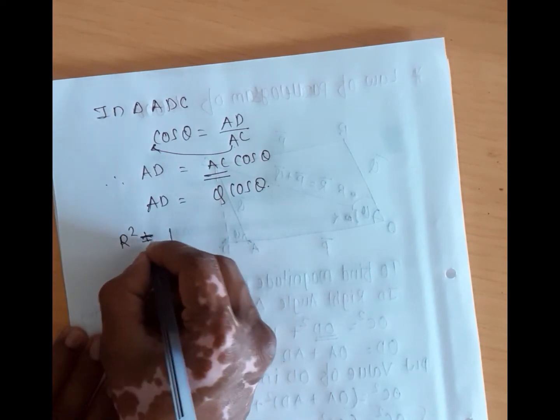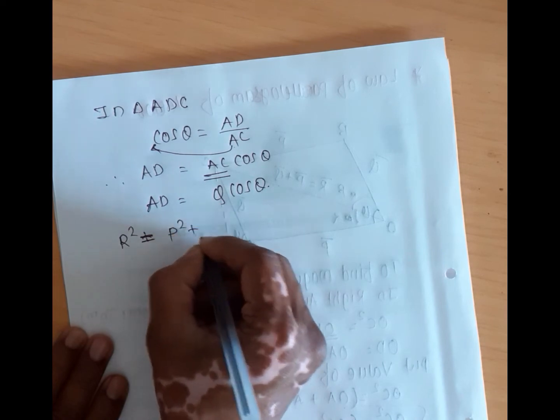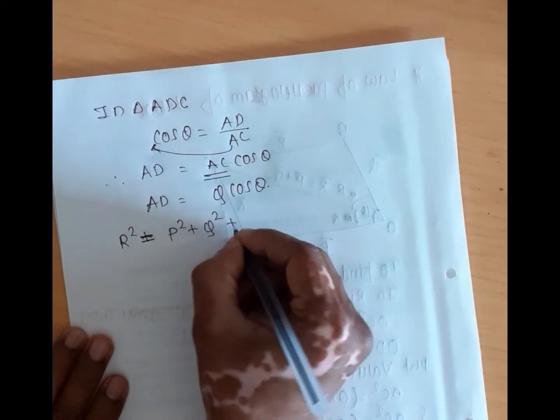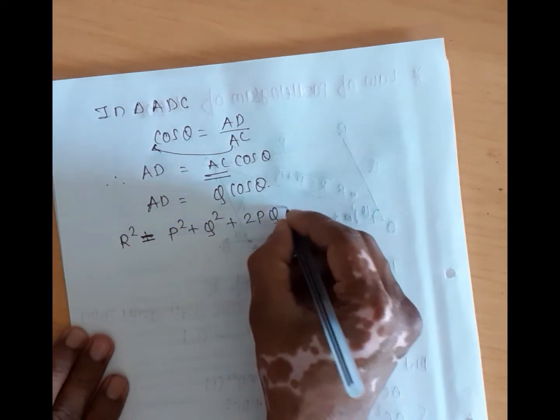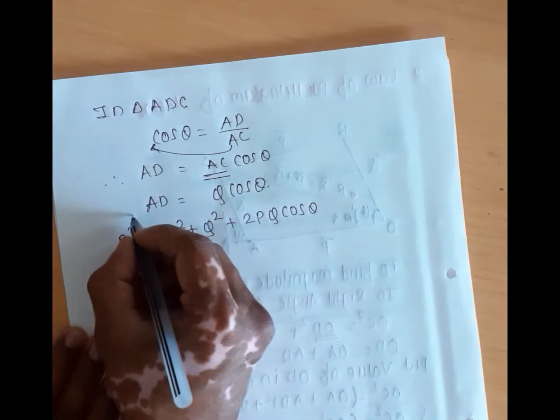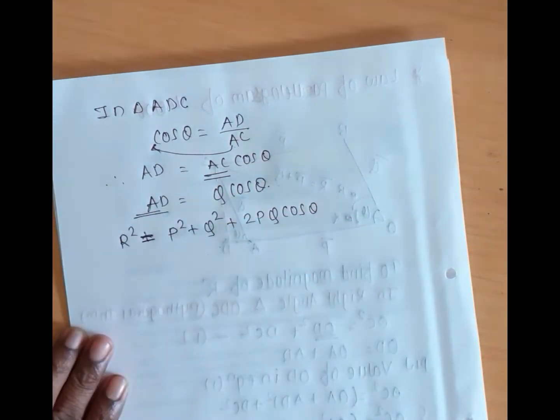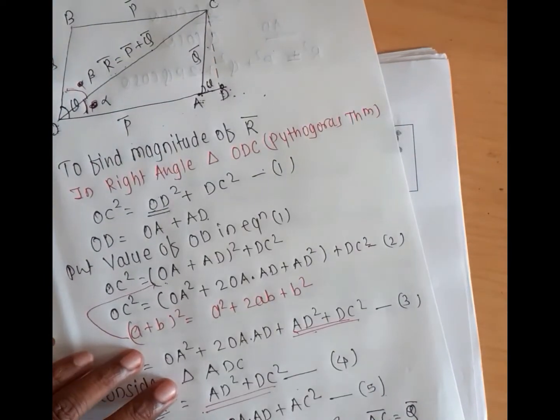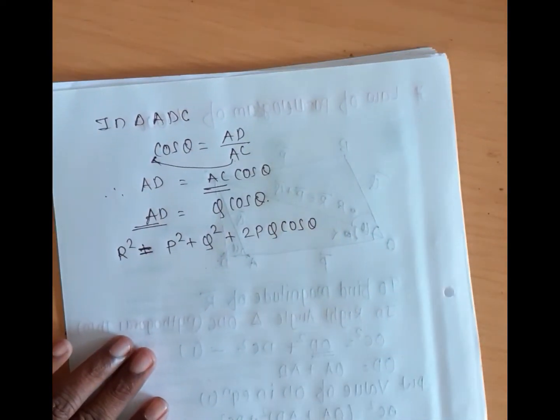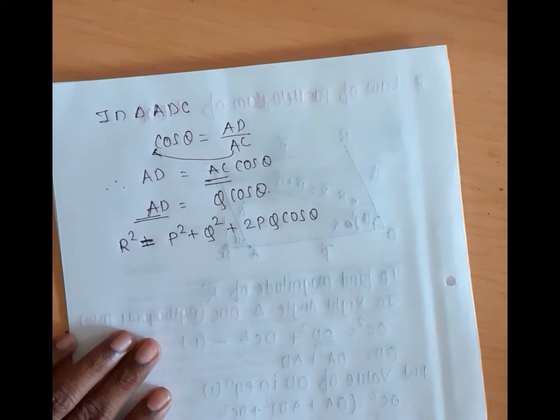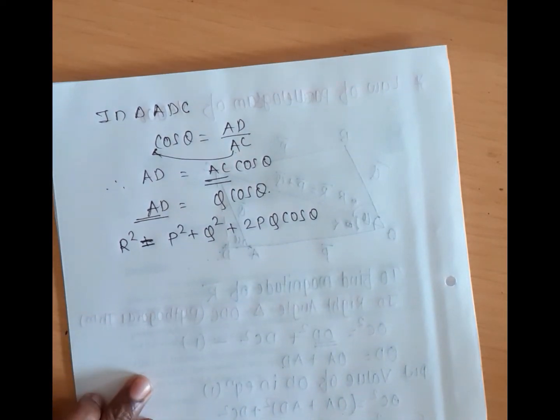So R square is equal to P square plus Q square plus 2PQ cos theta, since the value of AD is Q cos theta.